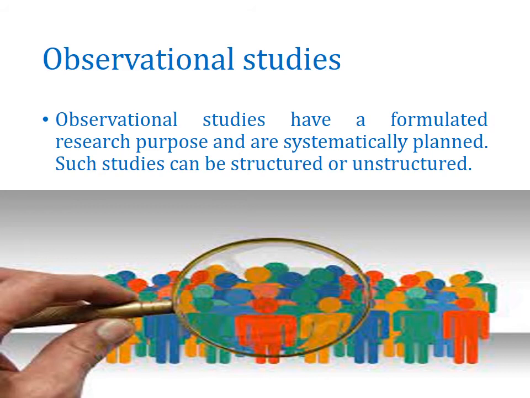To conclude the observation study: observational studies have a formulated research purpose and are systematically planned. Such studies can be structured and unstructured. We have already discussed the methods of observation studies.